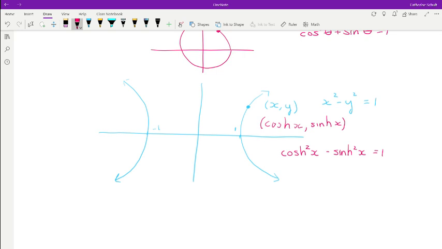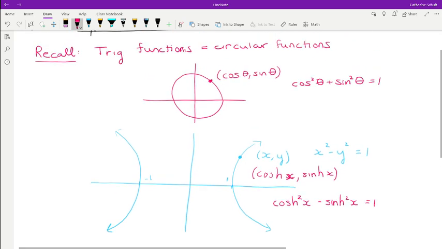And while we're here, notice I'm using x as the argument. Before, when we were looking at cosine theta, sine theta up here, theta was the angle, right?